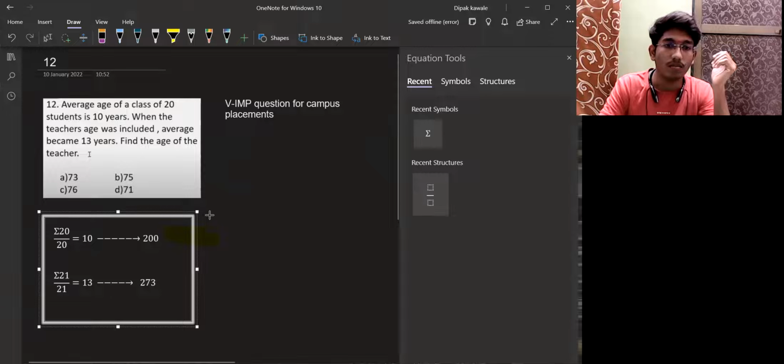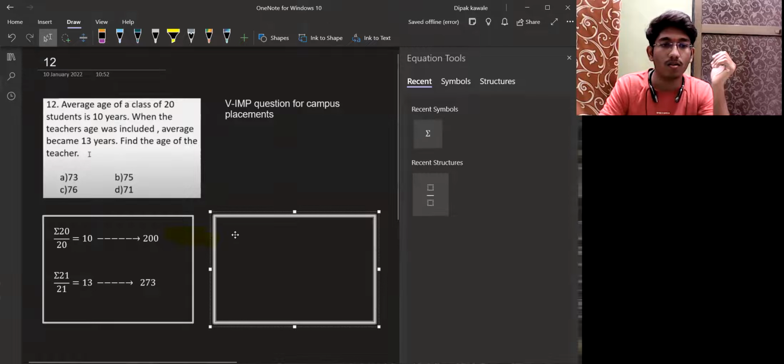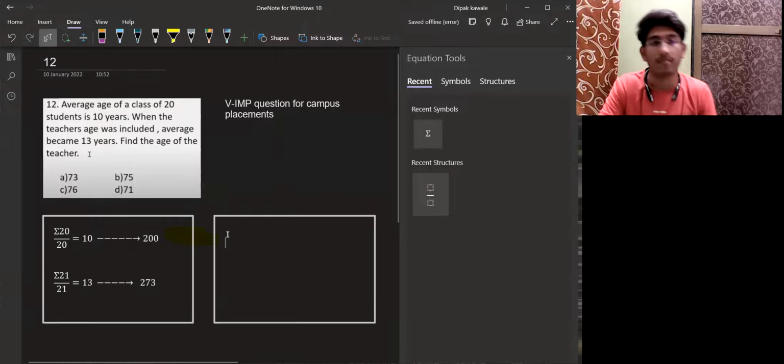Can we solve it with more time, sorry, with less time? Let's see. So our current average is 30 years, after adding the teacher.